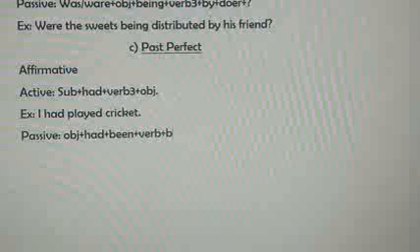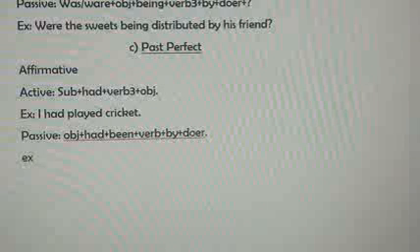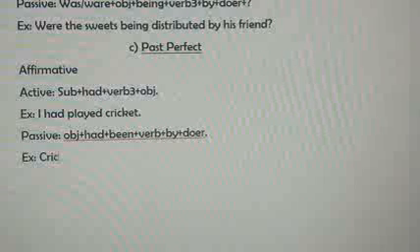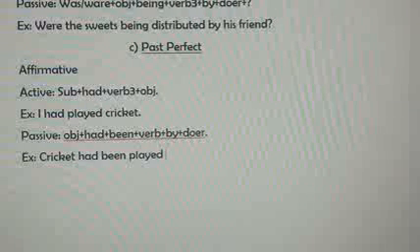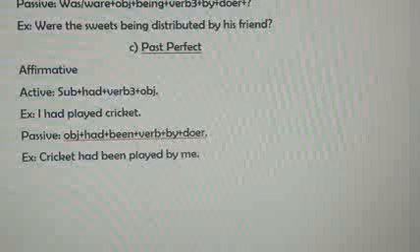Then by, and after that, the doer we need to place. Okay. Now write down the example for this one. I had played cricket. The passive will be: cricket had been played by me. Cricket had been played by me. It will be over here.